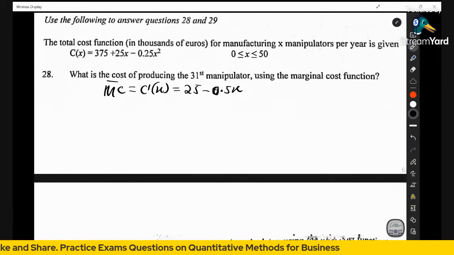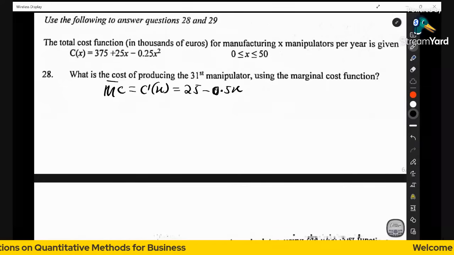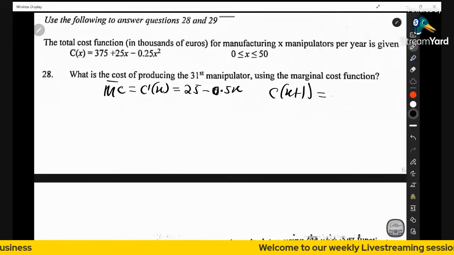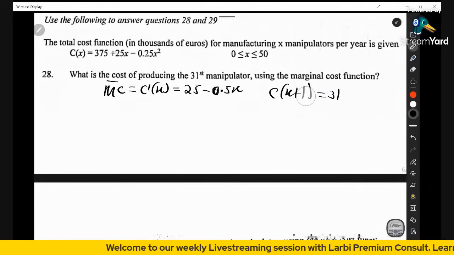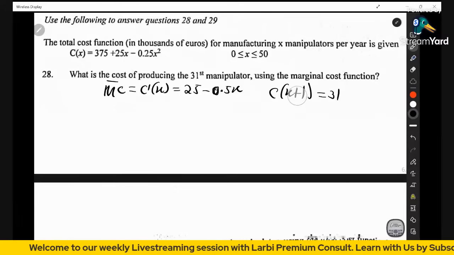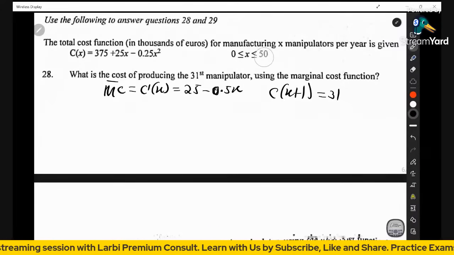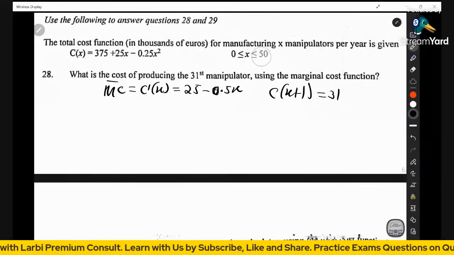For us to know the cost of only one manipulator at the 31st position, we say that the marginal cost at x plus 1 should be equal to the 31st manipulator. So this becomes the additional cost of the whole output that we produce as x, in this case in the range 0 less than or equal to x less than or equal to 50.